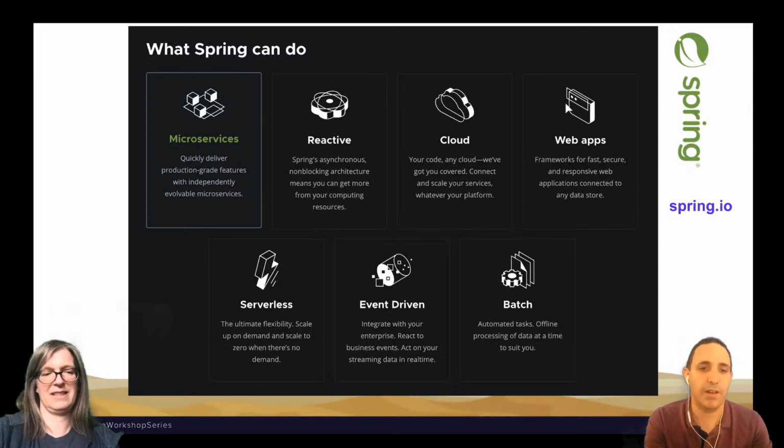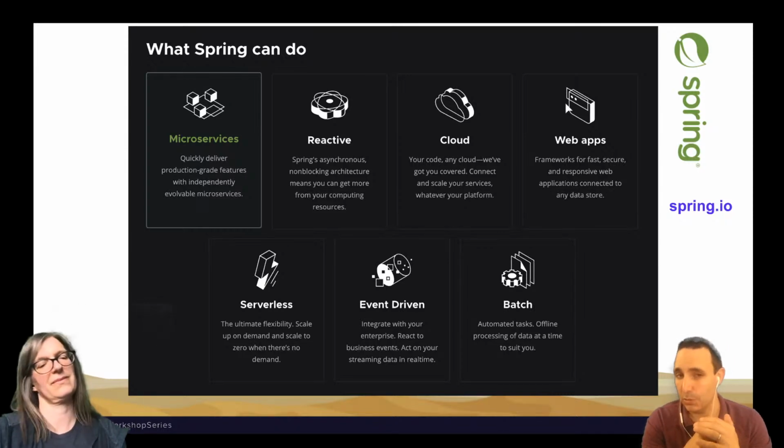As you can see, those are very up-to-date terms, and no surprise, this is a screenshot of the spring.io website. So today we will dig into microservices, but we are preparing content for you to dig into reactive, cloud, or other topics in the coming weeks and months.